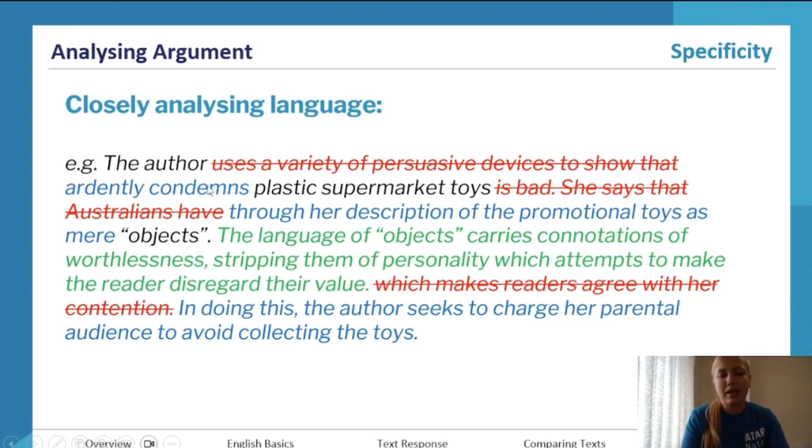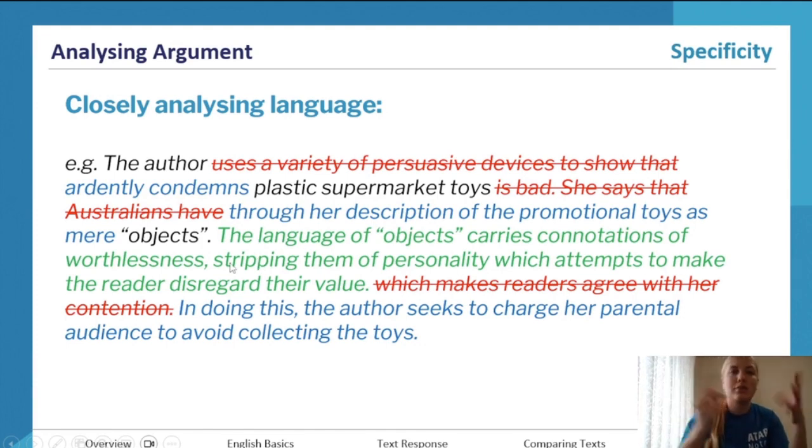And we've already explained this evidence by saying that it's being condemned, and it's because of that description. So, the language of objects carries connotations of worthlessness. So, negative connotations associated with worthlessness, being specific, not just saying negative or positive, stripping them of personality, which attempts to make the reader disregard their value. So, we've analyzed intended effect on the reader, that they're worthless.